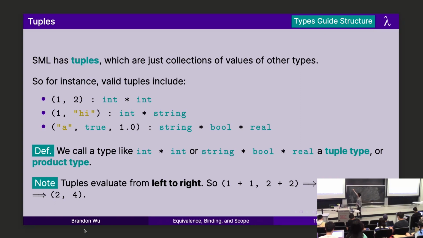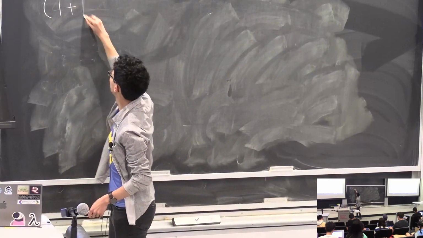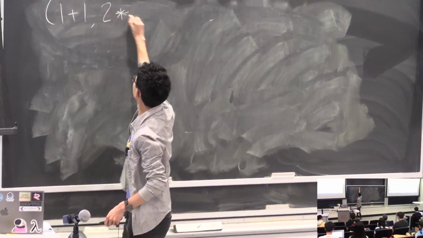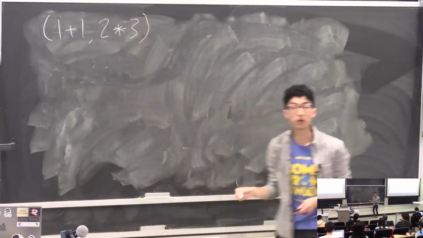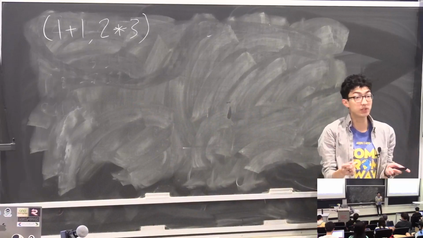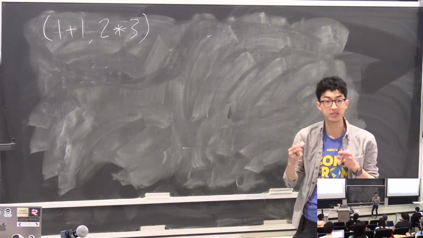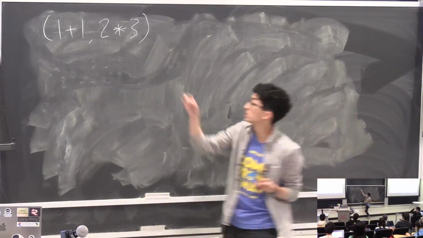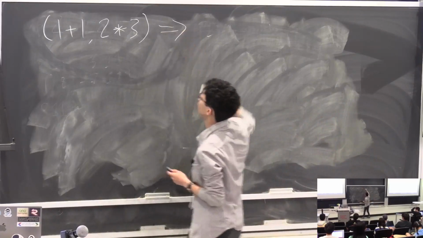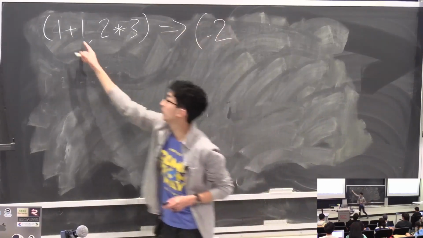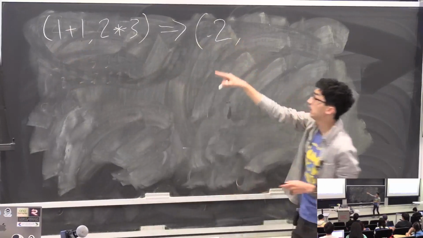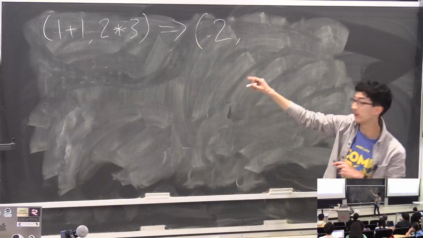So if I had something like 1 plus 1, 2 times 3, using the notation we learned last lecture, I would first step the leftmost component that is not yet a value, right? So I would say this steps to 2, because I evaluate this guy. And then I would keep 2 times 3 the same, because I haven't taken a step on it.